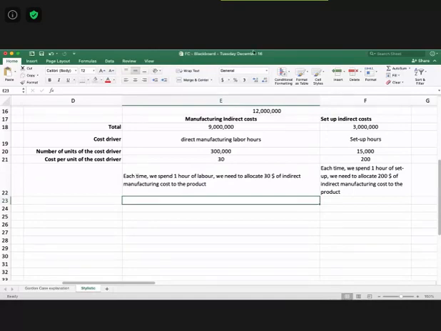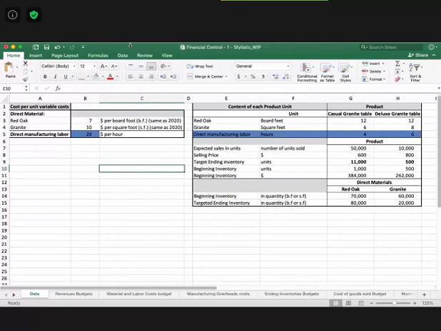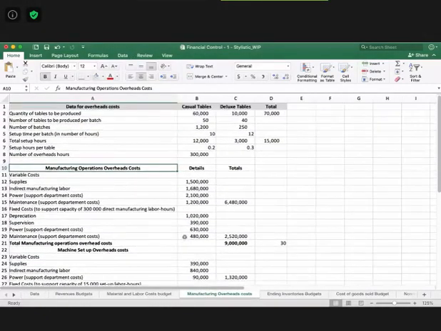So this is why when we come back to the case here, we can go now to manufacturing overhead costs.